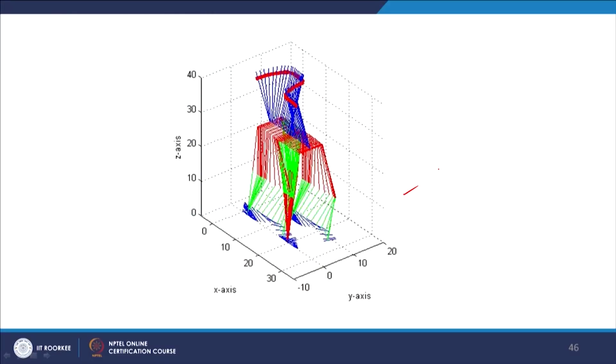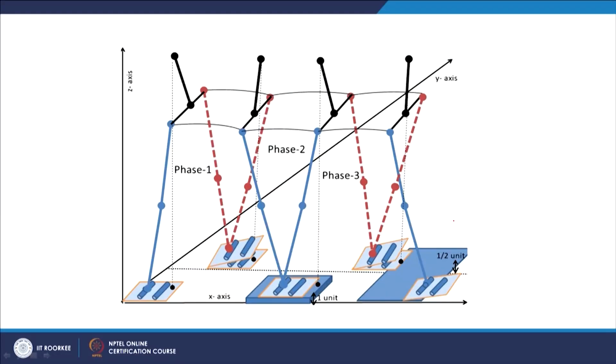This picture shows how the robot moves for the 2.1 second. For one step it takes 2.1 second. So, it is a slow walking pattern, and with this particular model we are able to show some simulation for the flat foot and toe foot models.